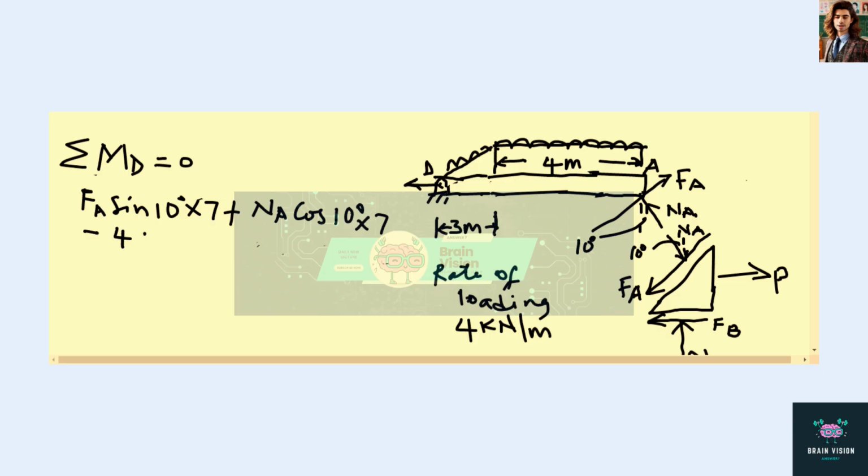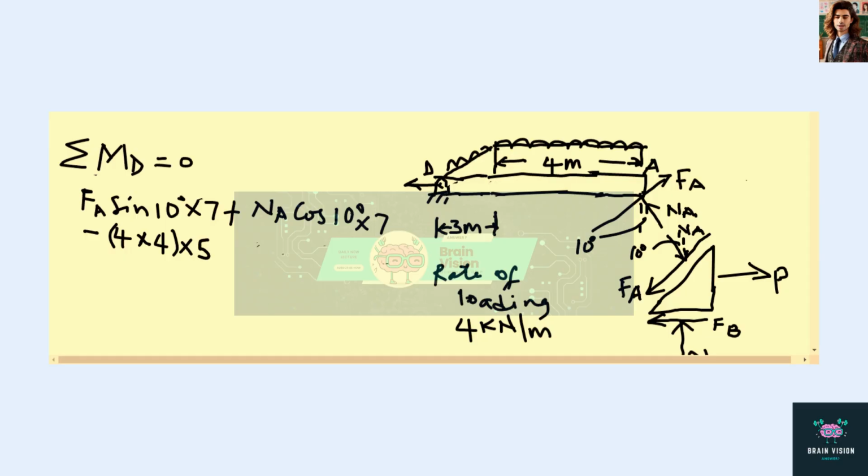The first part is 4 times 4, of course we take it from half of that one down to D, so it's going to give us times 5 as the perpendicular distance.